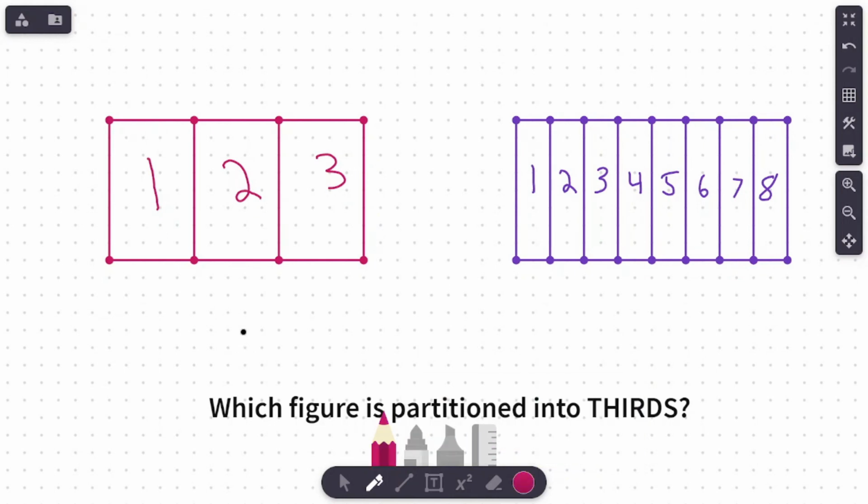I kind of think of the word 3 a little bit. Let's see if that helps. The pink figure had 3 equal sections. We partitioned it into 3 equal sections. If we partition something into 3 equal sections, that means we have broken it into thirds. So the pink would have been our correct answer.